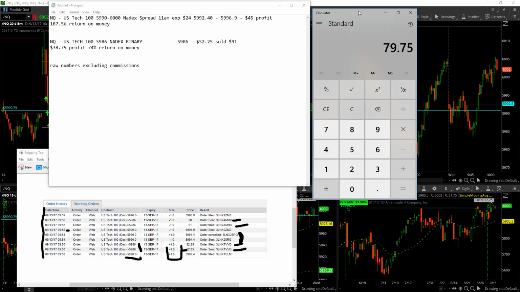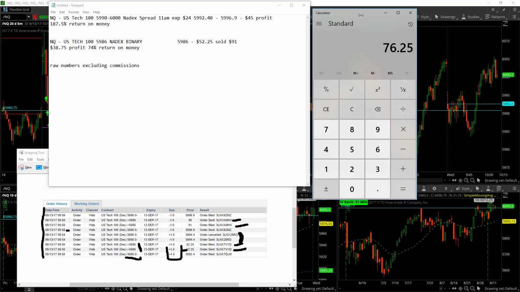So anyways, that's the overall analysis and look at the difference between the spread and the actual traditional binary, and how both of those worked out in this particular trade. In total, we used 52 quarter plus 24, excluding any commissions.